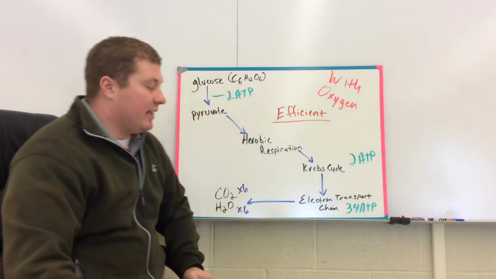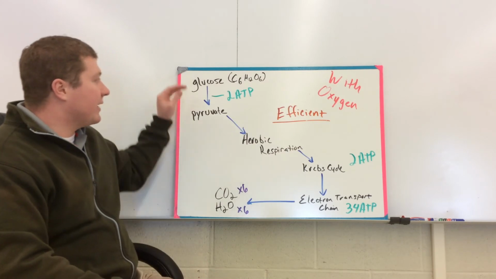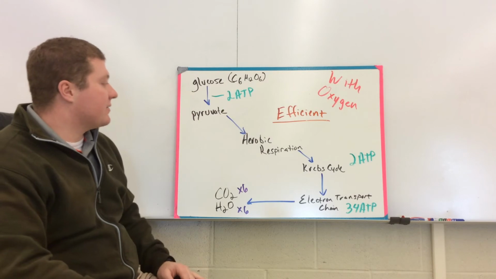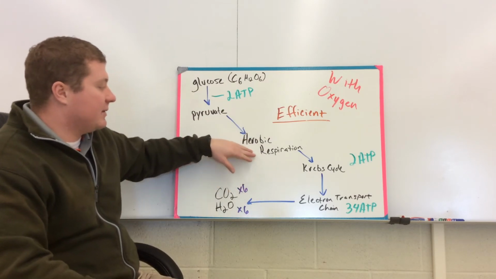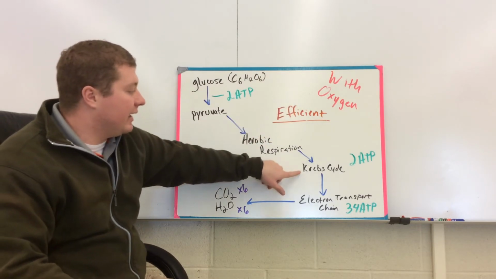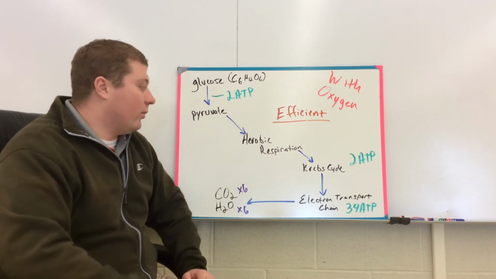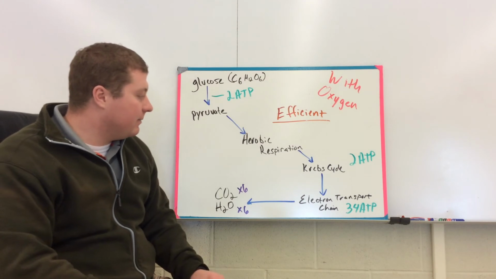The other side of the equation is more efficient. This is with oxygen. So again, glucose comes in, glycolysis occurs, 2 ATP is formed. Pyruvate goes down this chain of things. It goes into aerobic respiration, that's the oxygen part, into the Krebs cycle. The Krebs cycle, not too important that you know what that cycle is, just understand that 2 ATP is made during that cycle.